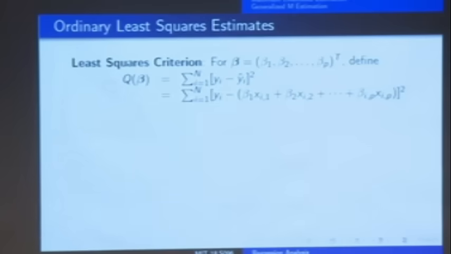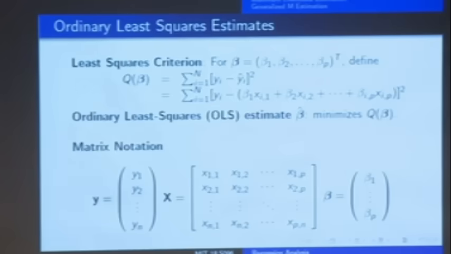The least squares criterion is defined for a given regression parameter beta, which is considered to be a column vector, so I'm taking the transpose of a row vector. The least squares criterion estimate, beta hat, minimizes this function. In order to solve for this, we're going to use matrices.